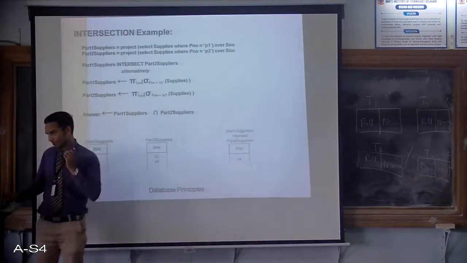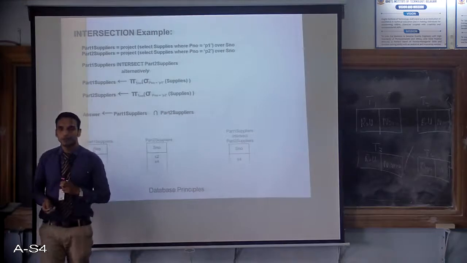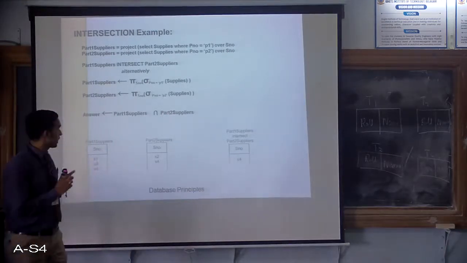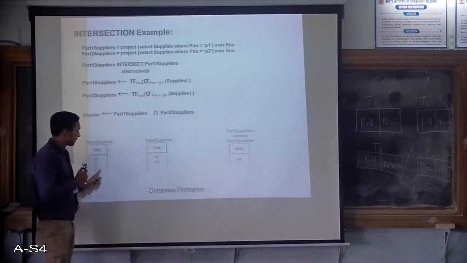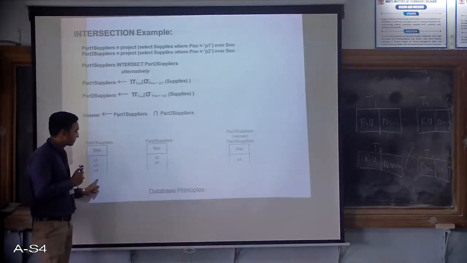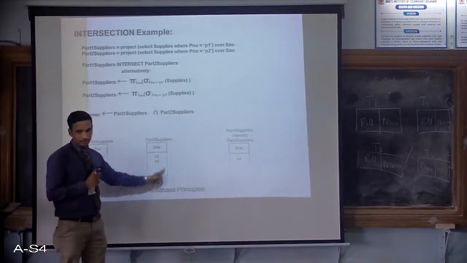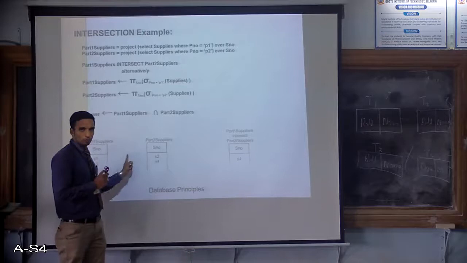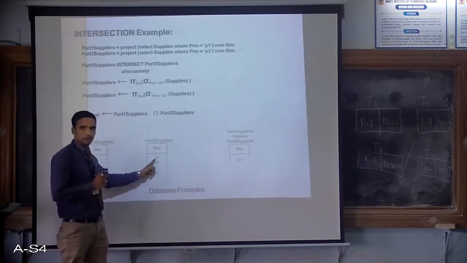The same example now. If I want the suppliers who supply both the parts, part 1 and part 2, first I will select the suppliers who supply part 1. Then I will select the suppliers who supply part 2. Now from this, I want to find out the supplier who supplies both the parts.